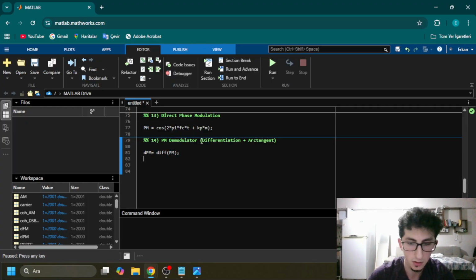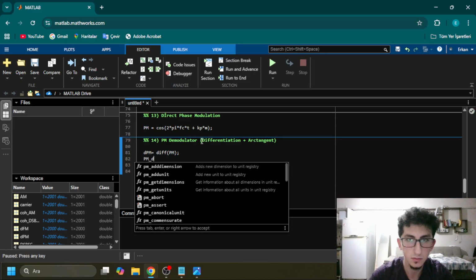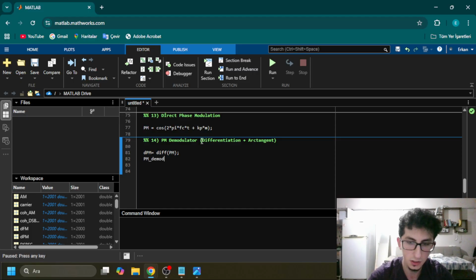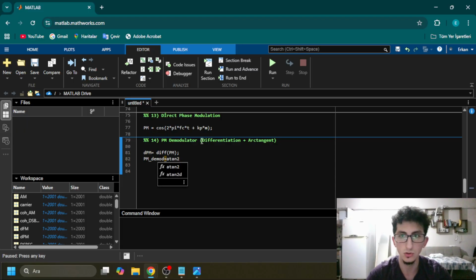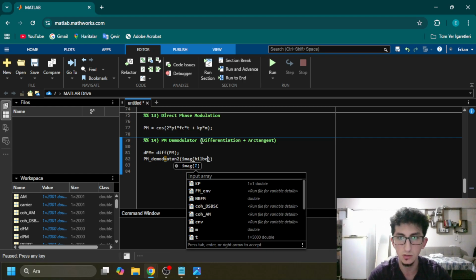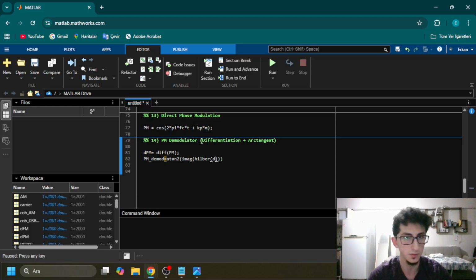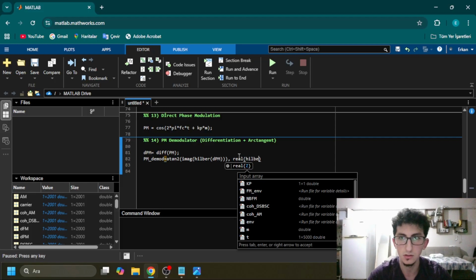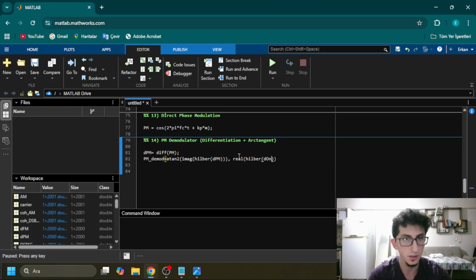And PM demod is equal to atan2 of imag, and again we are gonna use Hilbert and also dpm, and also we are gonna write this real Hilbert dpm.